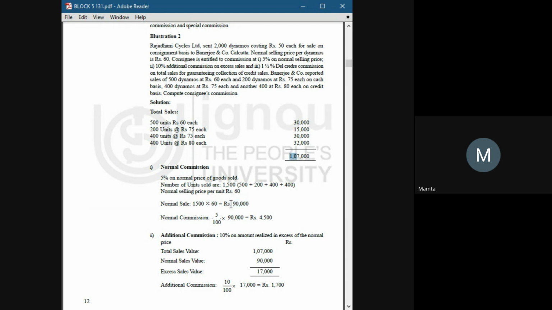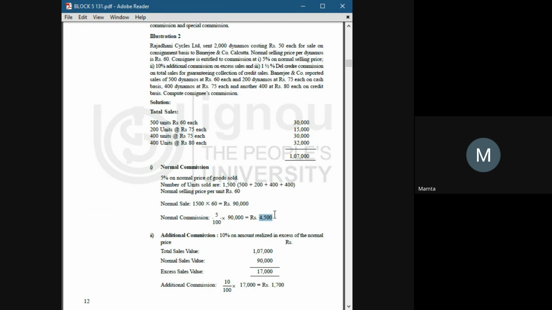This 90,000 belongs to this 1,07,000. The amount 90,000 is entitled for 5% commission, 5% on normal selling price. So 5% of normal selling price is 4,500.